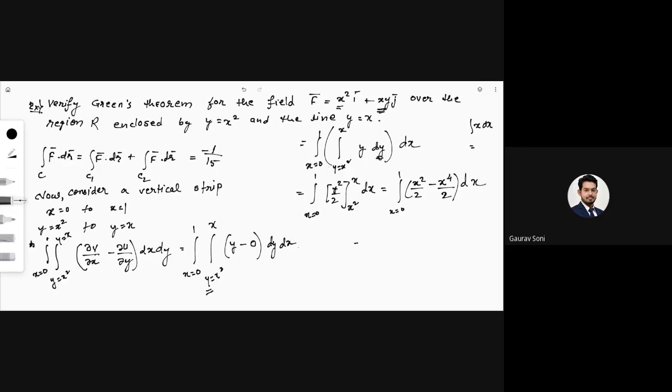This is equal to 1 by 2 common in bracket x square का integration x cube by 3 minus x raised to 4 का integration x raised to 5 upon 5 limits from 0 to 1. So this is 1 by 2 in bracket when we put the upper limit 1 by 3 minus 1 by 5.